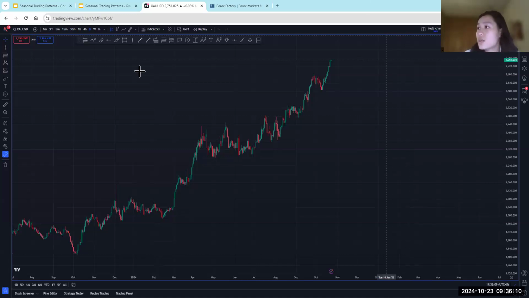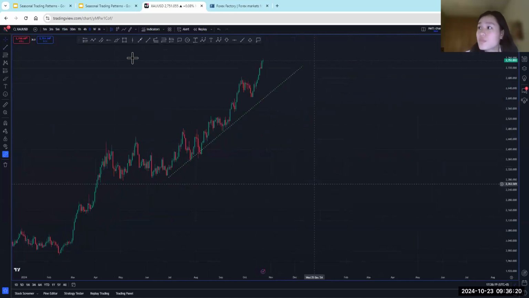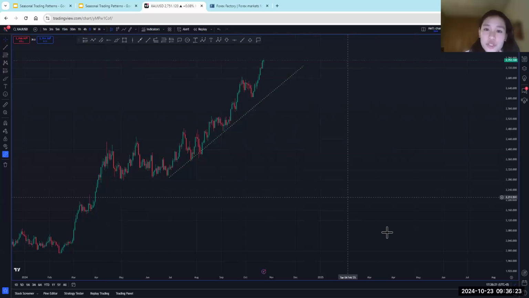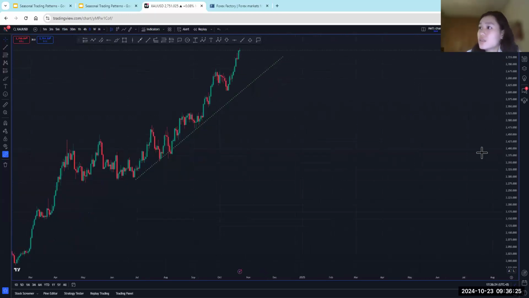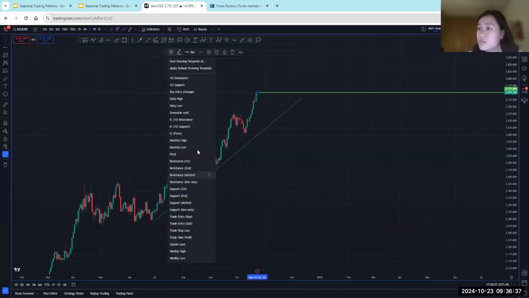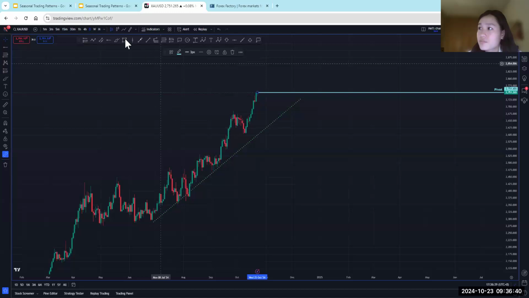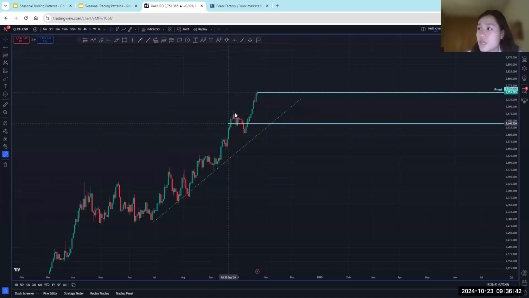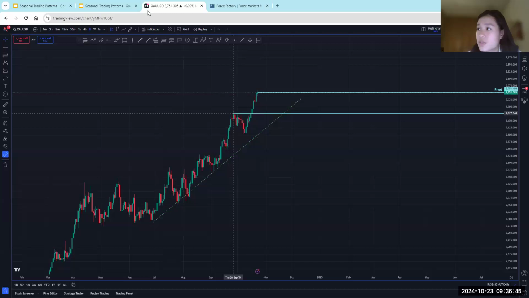Now let's see if we have an ascending trend line. Yes, we have prices moving in an ascending trend line as well. Now that I've established the trend, I'll go in with our horizontal levels. Where price is currently at, I'm going to label that as a pivot, and this will be our support.